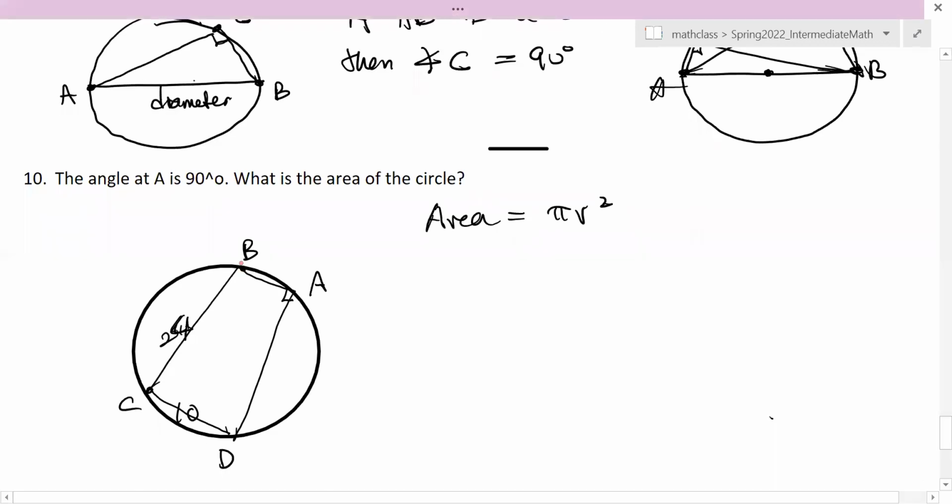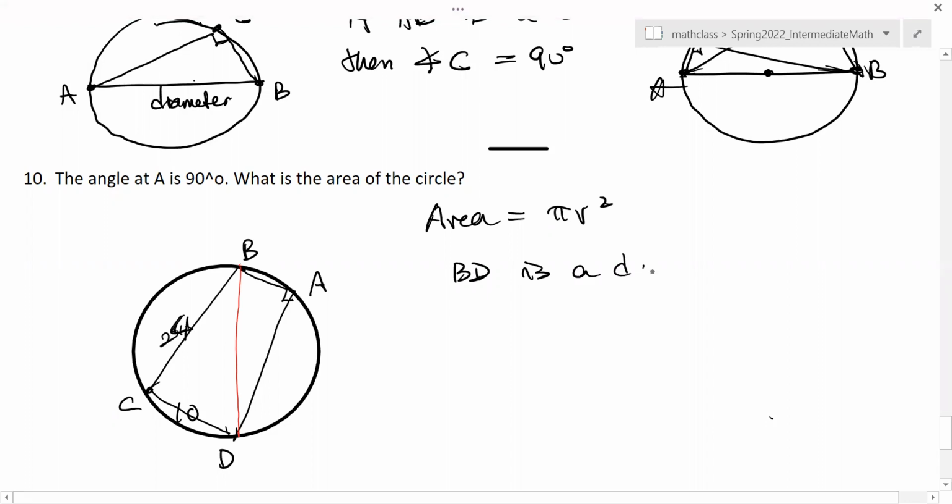you draw the line between C and D. First of all, you conclude that BD is a diameter. Why? Because the angle at A is 90 degrees.